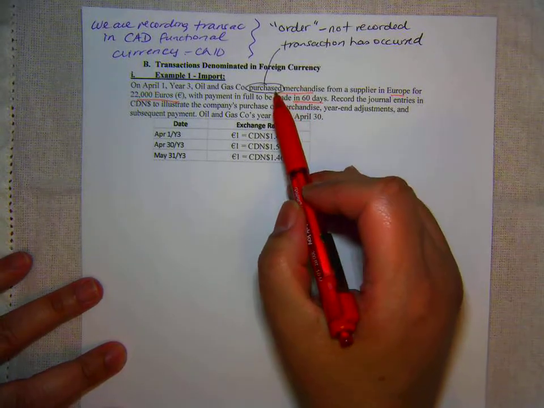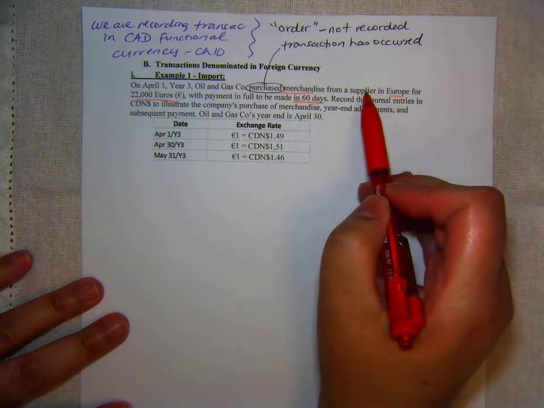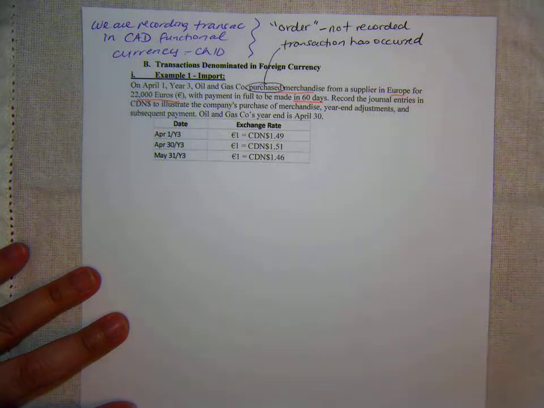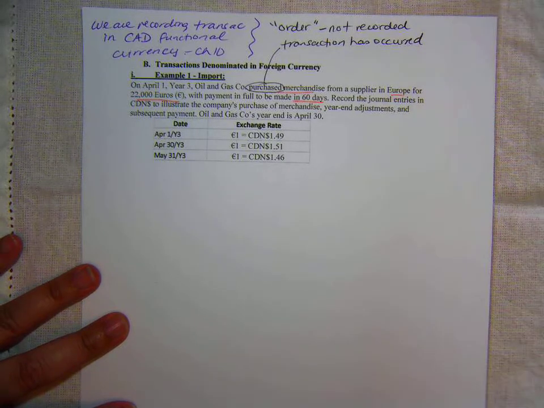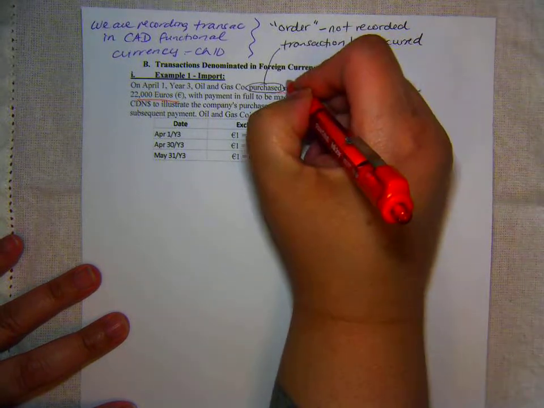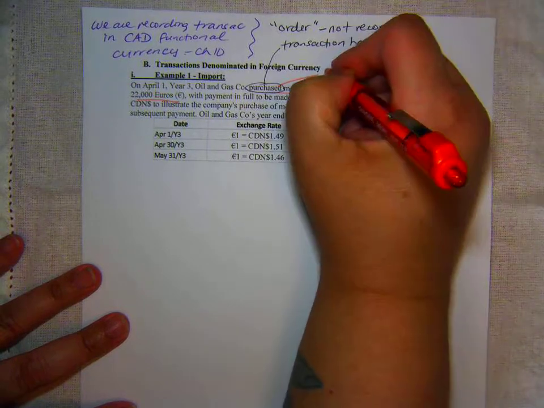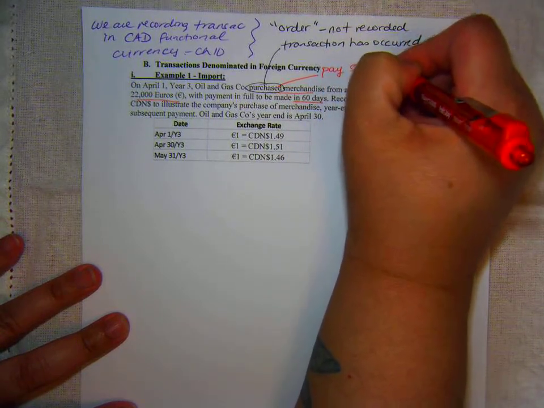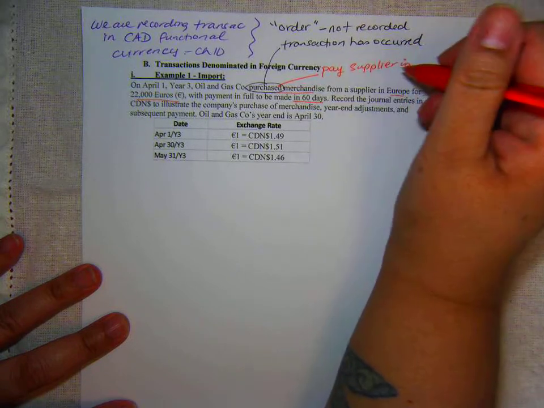So oil and gas purchase merchandise from a supplier. So does that mean we're going to have to give away foreign currency in the future, or we'll be getting a bunch of it? Well, if we made a purchase, we're going to have to pay the supplier euros.